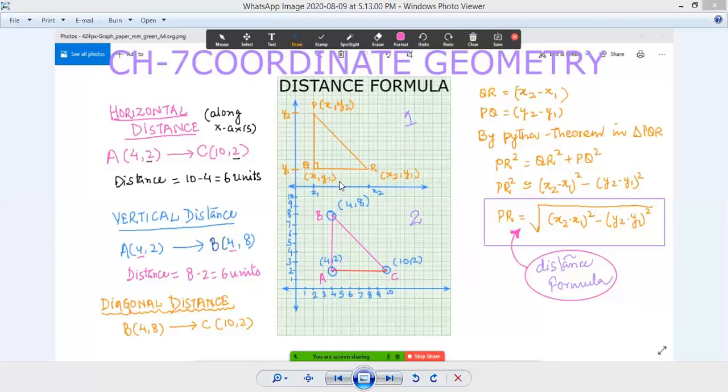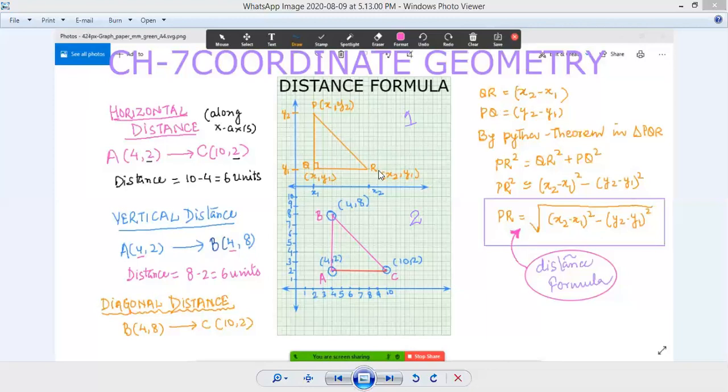Now, children, I want you to write down this horizontal distance. You are clearly able to see that the coordinate of y is y1 here, and y1 is here. So it is unchanged. Therefore, only the difference between the abscissa will give us the distance between Q and R. Therefore, the distance QR is equal to x2 minus x1.